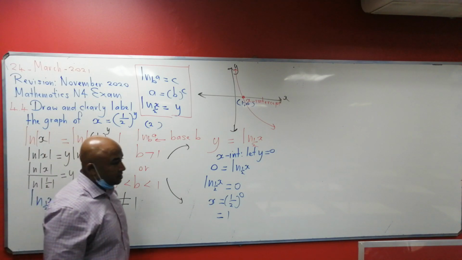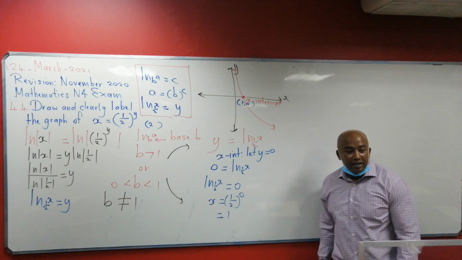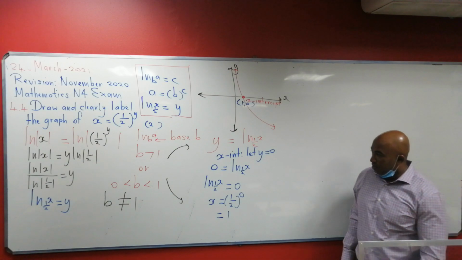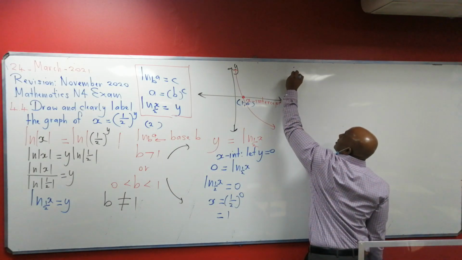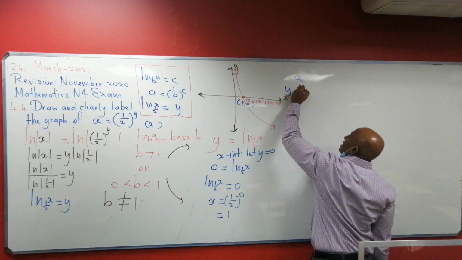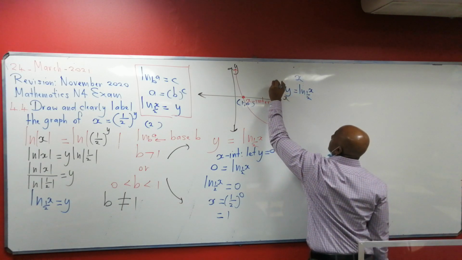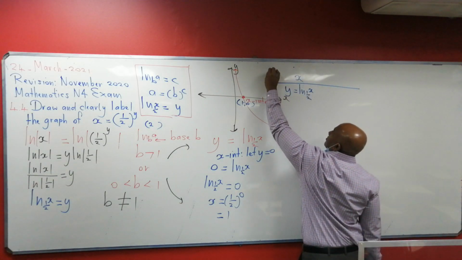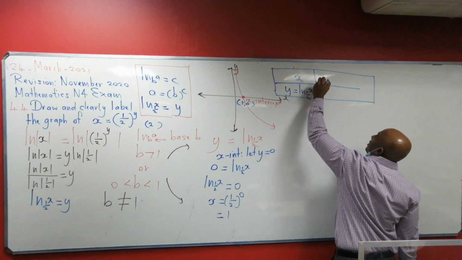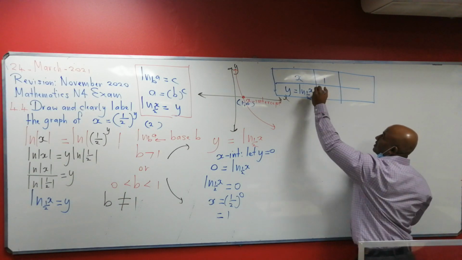Now, for logs, you need to show at least one more point on the graph besides the x-intercept. At least one more point on the graph. So you can choose any point you want to. So let me just show you now. We've got x and then we've got y is equal to ln of x to the base half. So we know that when x is equal to 1, y is equal to 0.